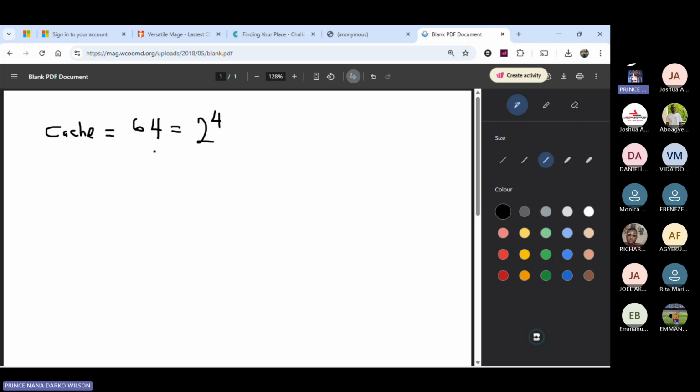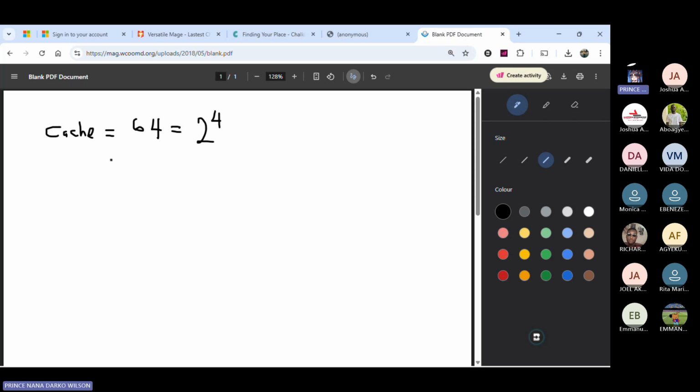So we are changing it into bytes. Remember that 1 byte is 8 bits, so we are trying to get it into bits. We are changing the kilobytes into bytes, which is 2 to the power 16 bytes. So that's the cache size.